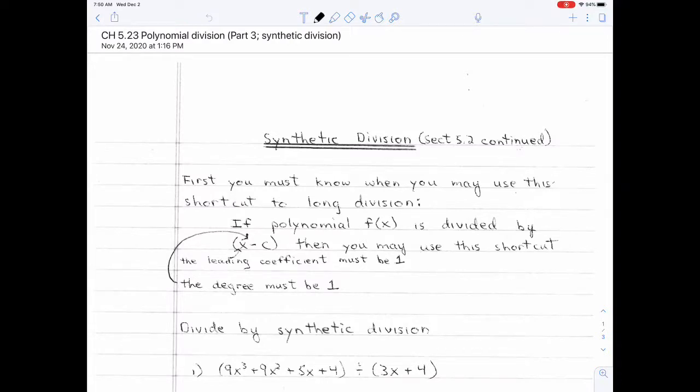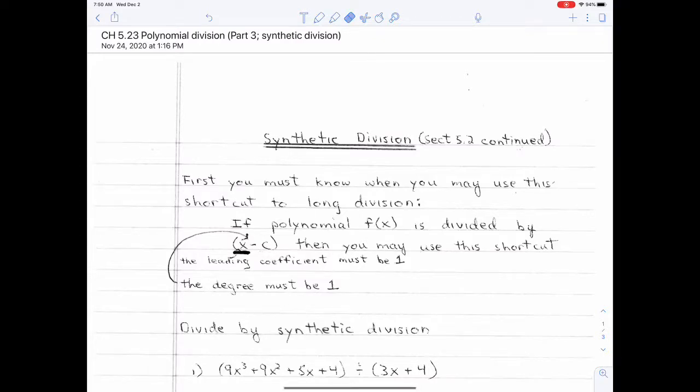The only time you can do this is if the divisor has the two following things. It has, first of all, the leading coefficient of 1. So this right here, the variable has a leading coefficient of 1, and it's got a constant. Now, the constant, it's not that big of a deal.